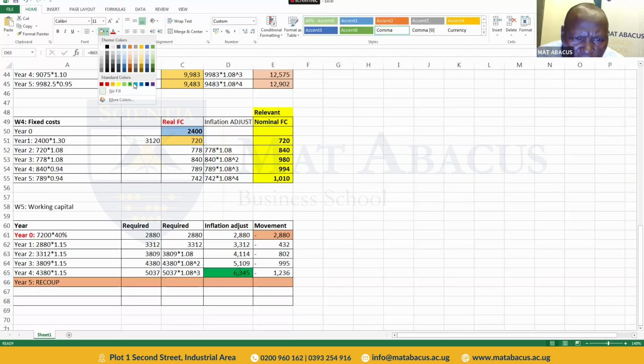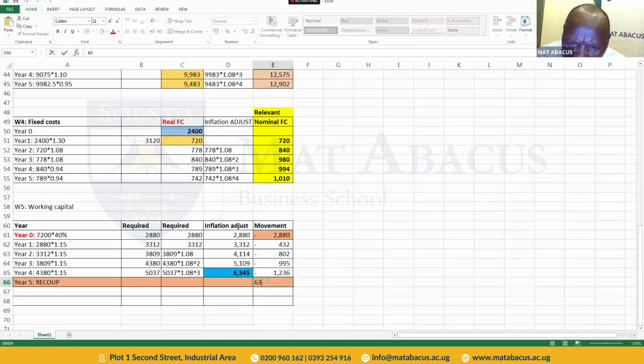Normally you recoup a figure you see there. That's the figure you recoup. The recouping figure is 6,345, such that these are negatives, but when you add, overall you get 0.